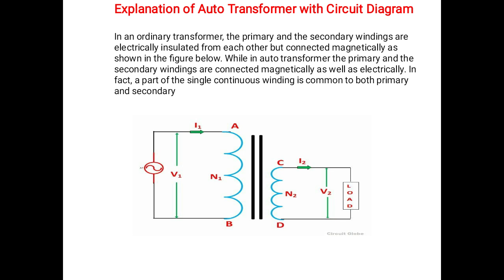In fact, a part of a single continuous winding is common to both primary and secondary.